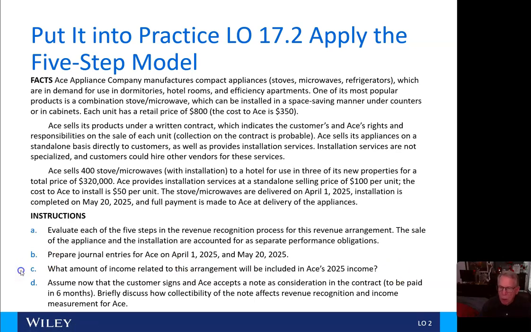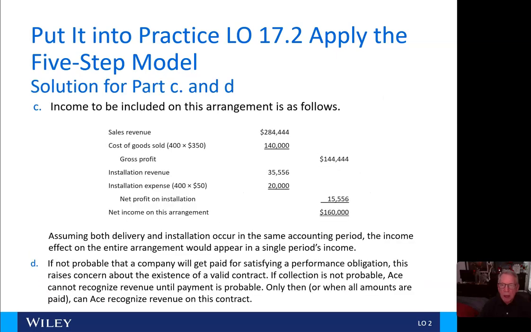Now, under Charlie, what amount of income related to this arrangement will be included in ACE's 2025 income? Well, the income included is going to be our allocated sales revenue from the equipment and the cost of that, our gross profit.